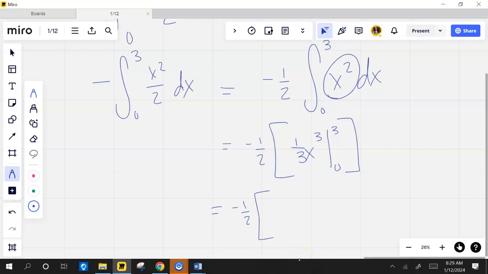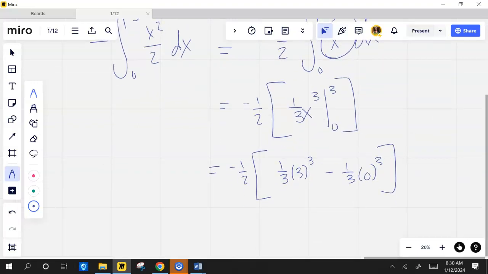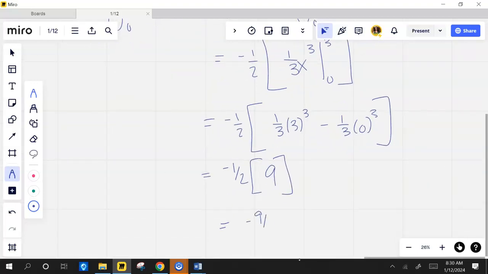Now I've got 1/3 times 3 cubed minus 1/3 times 0 cubed. That'd just be 9. Whichever way you did it, that's fine.